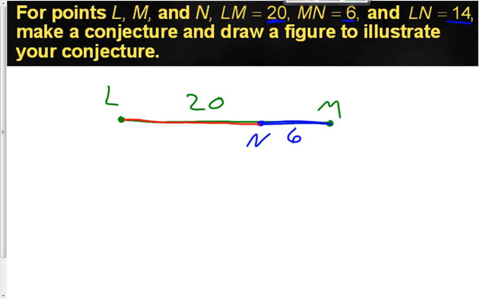So right here would be 14. Now I could say 6 plus 14 is 20. That would all make sense, right? LM is the full segment, MN is a part of the segment, LN is the other part of the segment. When you add those two up, you get 20. So the conjecture that I can make is that L, N, and M, those 3 points, are collinear.